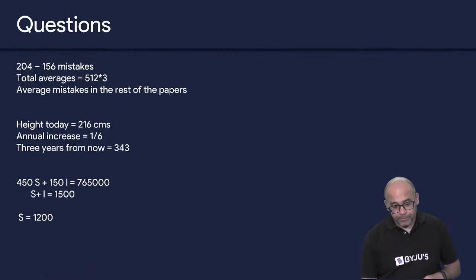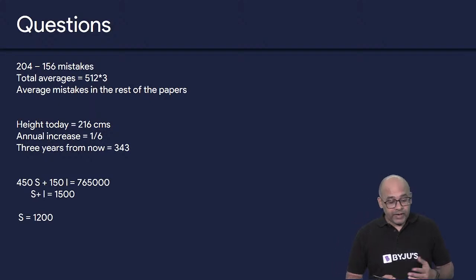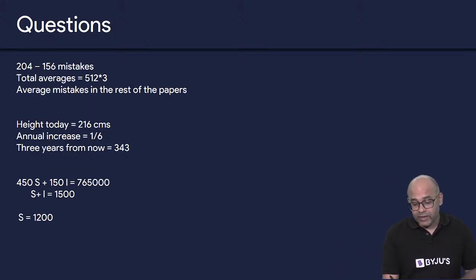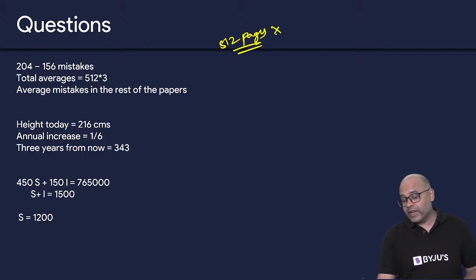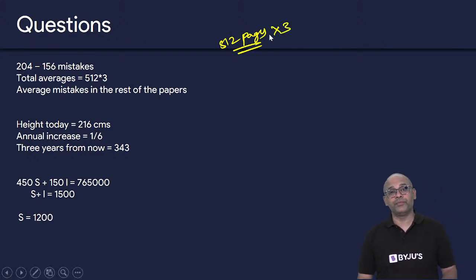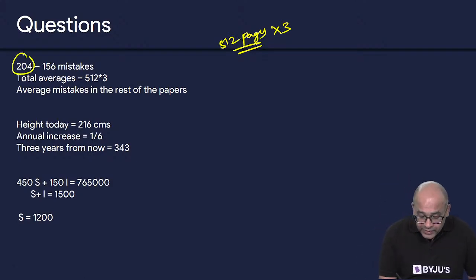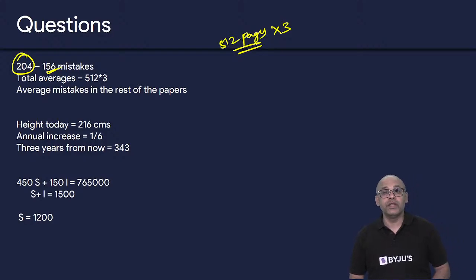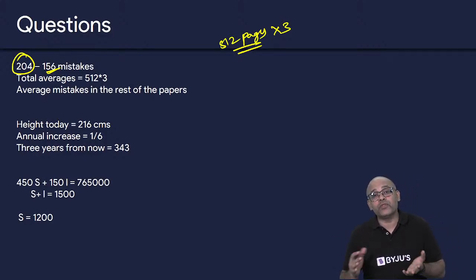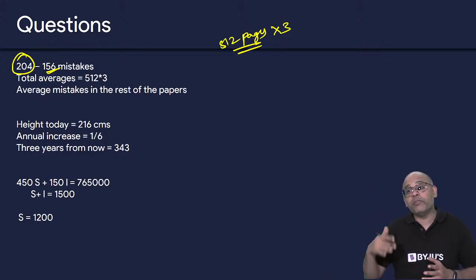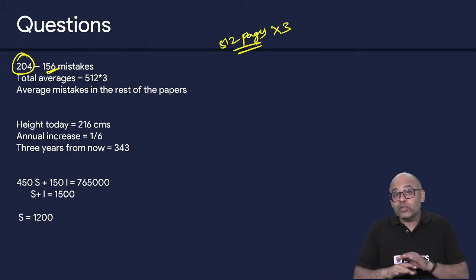Okay. Then we have a question from averages. The question basically said that there were 512 pages and on average there were 3 mistakes per page. Now the question says in the first 204 pages there were a total of 156 mistakes. So what is the average for the rest of the pages? The answer will be 4 point something, and it was not there in the options.